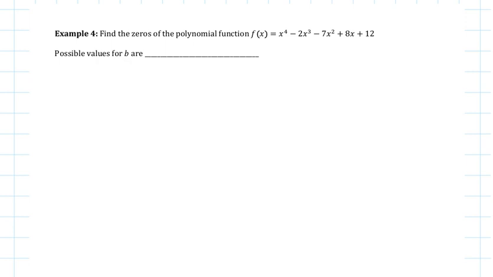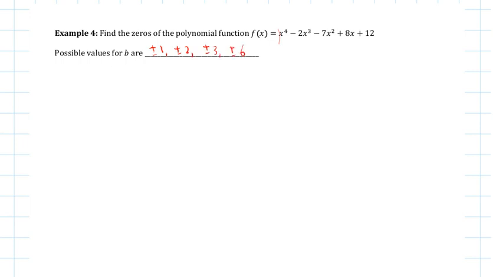Then you're going to do long division or synthetic division to find the different factors. So the factors are plus or minus 1, plus or minus 2, plus or minus 3, plus or minus 6, and I forgot plus or minus 4, and plus or minus 12.